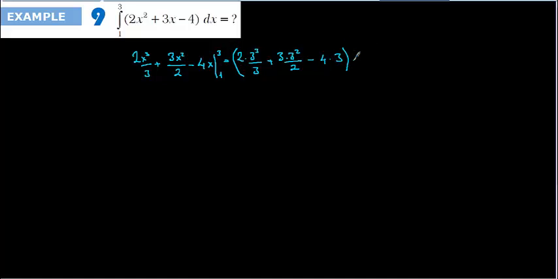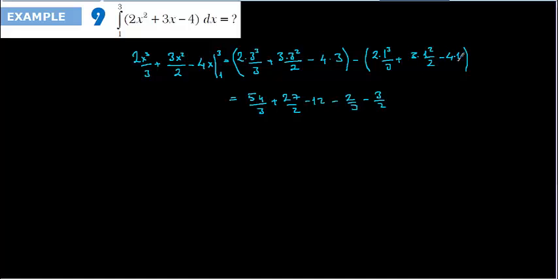These are all taken at 3, minus the second value: 2 times 1 cubed over 3 plus 3 times 1 squared over 2 minus 4 times 1. 3 cubed is 27, times 2, it's equal to 54, so 54 over 3 plus 3 times 9, that's 27 over 2, minus 12, minus 2 times 1 over 3, which is 2 over 3, minus 3 times 1 over 2, which is 3 over 2, and minus 4 times 1 gives plus 4.